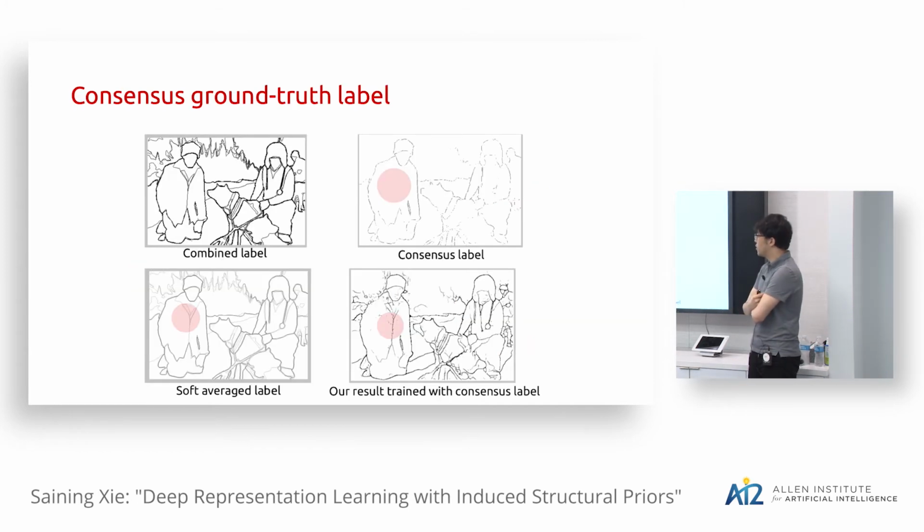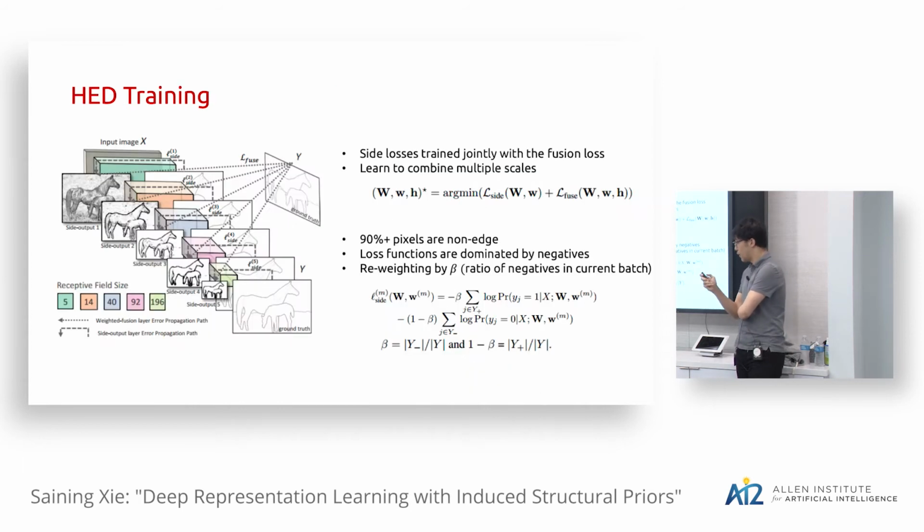Okay, there might be a question: because we have multiple side outputs and multiple supervision signals, do we really need multi-scale ground truth, right? The answer is that there is no multi-scale ground truth, because human beings don't label it.